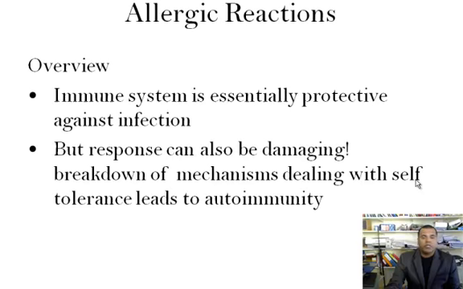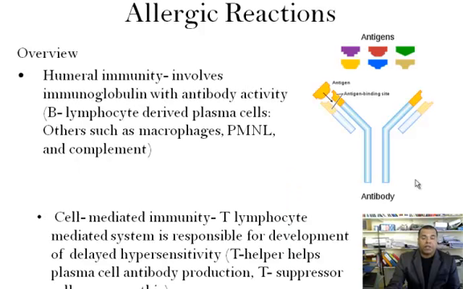The immune system is essentially protective against infection, but the response can also be damaging, where you have a breakdown of mechanisms dealing with self-tolerance. This leads to autoimmunity. Humoral immunity involves immunoglobulin with antibody activity, B lymphocyte-derived plasma cells, others such as macrophages and polymorphonuclear leucocytes, and complement.